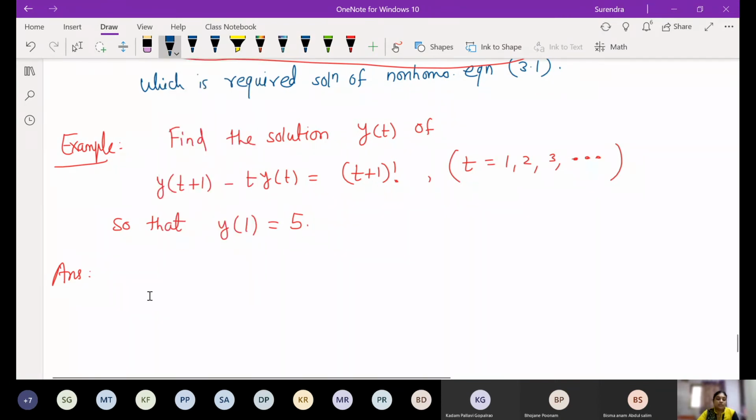Okay, so this is my non-homogeneous first order linear difference equation. If I compare with 3.1, what is my P of t?